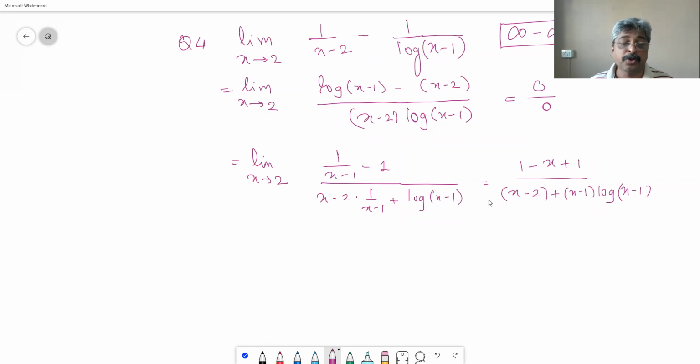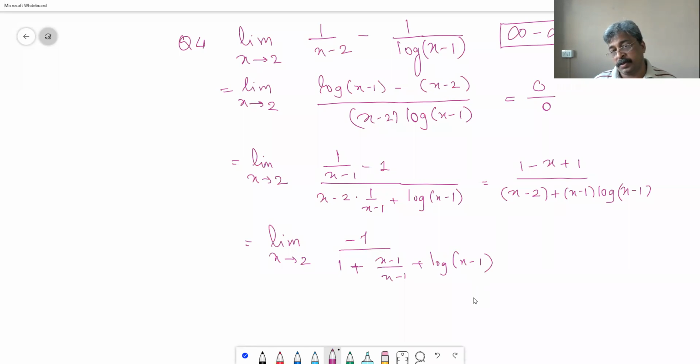Right? So if you again put x is equal to 2, you will end up getting 0/0. Differentiate. Derivative of numerator minus 1 divided by derivative of denominator, 1 plus x minus 1 upon x minus 1, that is the first part, plus log x minus 1.